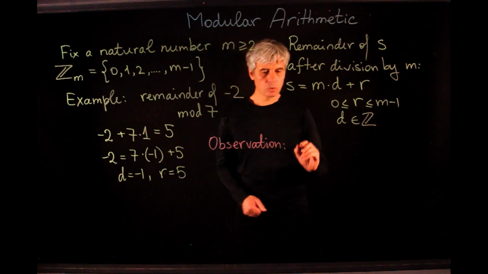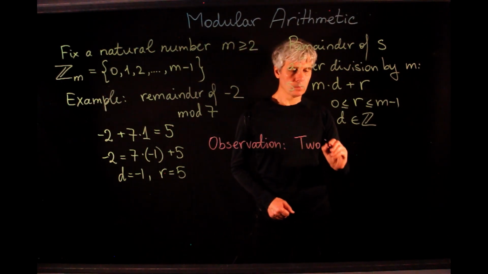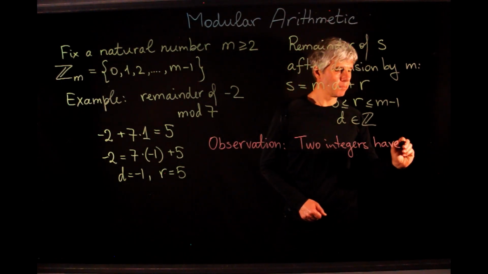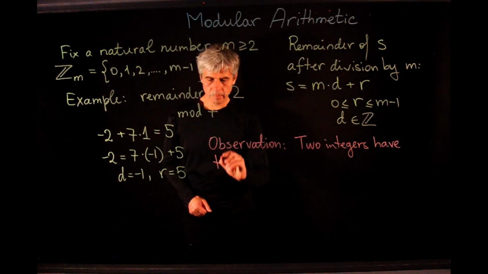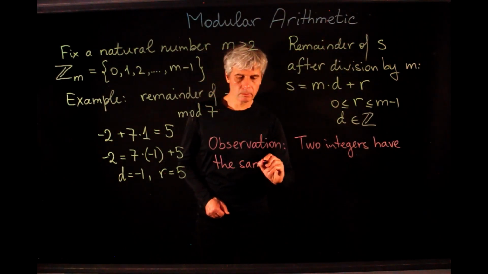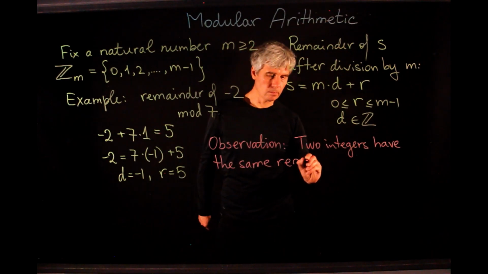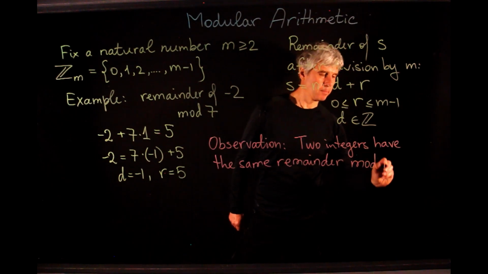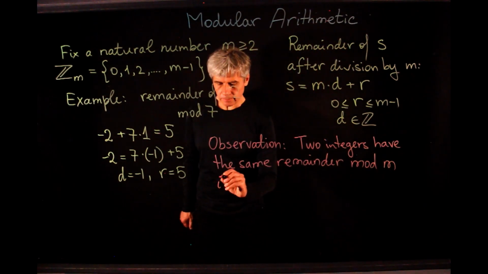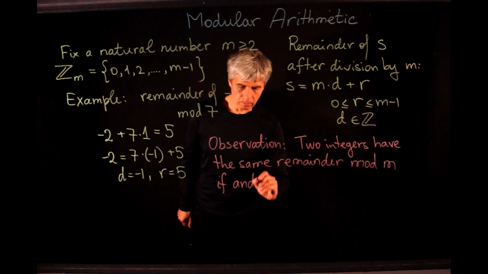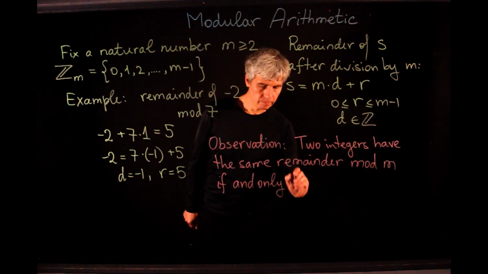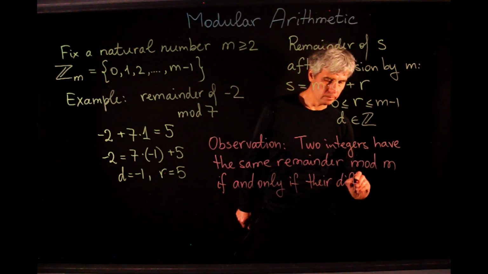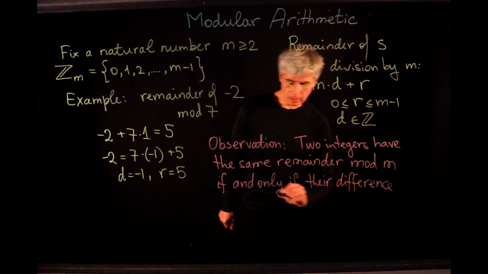Two integers have the same remainder mod m if and only if their difference is divisible by m.